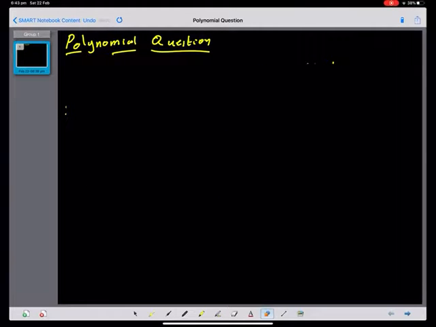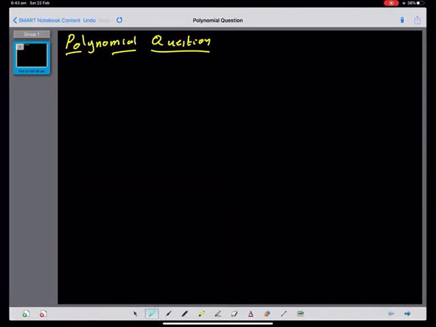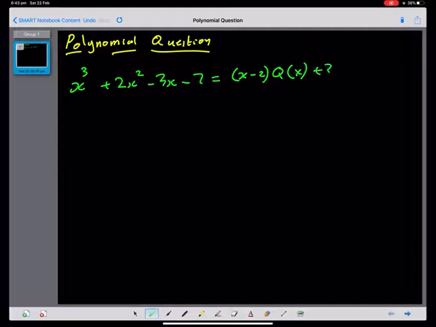Okay, so let's use green. So we've got the polynomial x cubed plus 2x squared minus 3x minus 7 is equal to (x minus 2) times some polynomial q of x, plus 3.